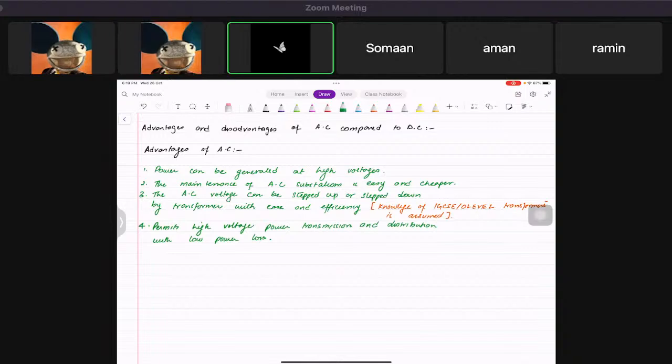So when we use high voltage, won't the current be high? What do you mean? If the voltage is high, the current will be high, right? Who said that? That's not true.